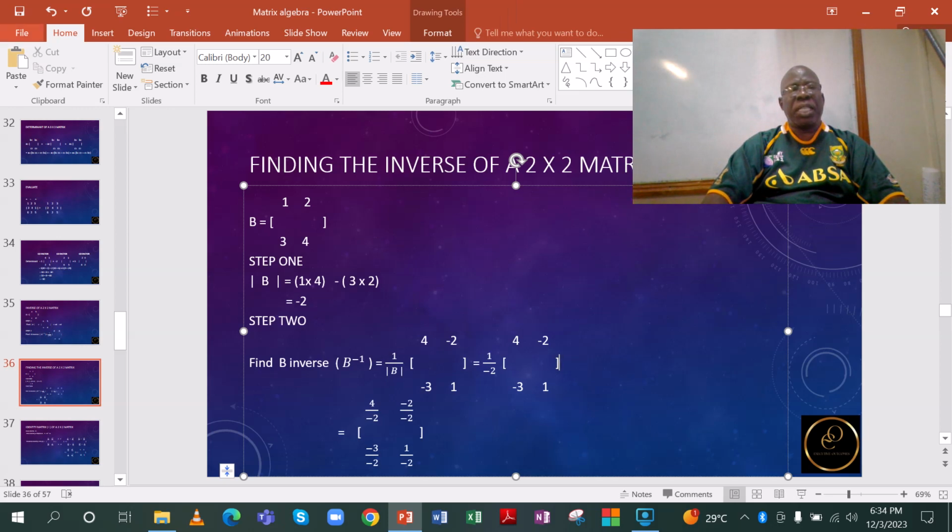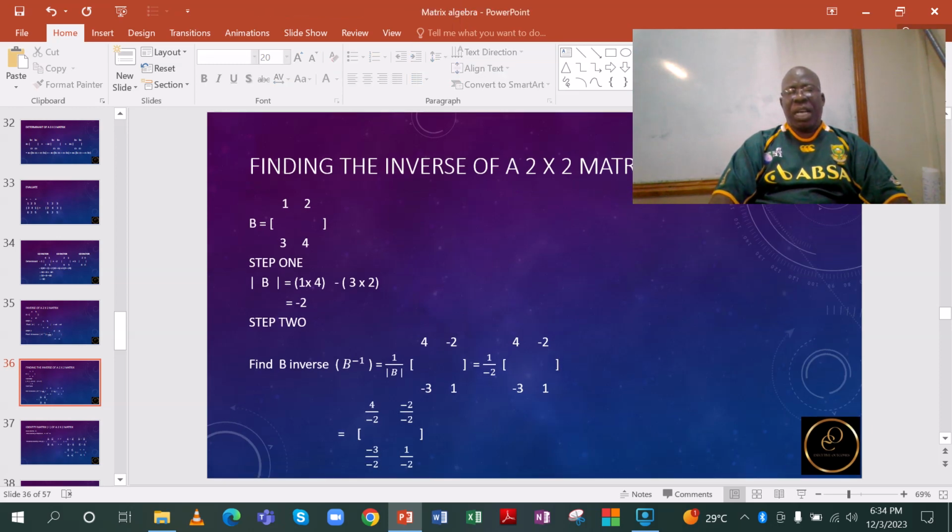So that's what we're going to end up with. The inverse of the matrix B is going to be 4 over negative 2, that's the first element, negative 2 over negative 2, that's the second element on the first row, then negative 3 over negative 2, and then 1 over negative 2, that is the last element in the last row. Okay, that is the inverse of this B matrix.